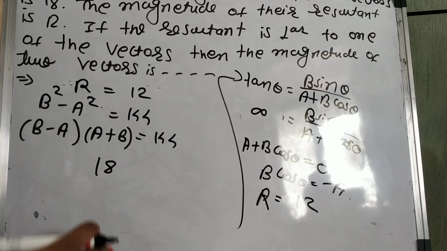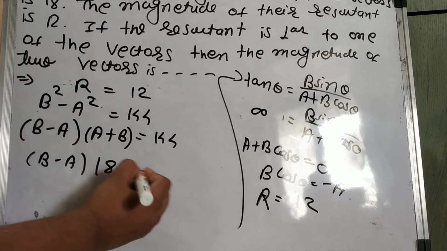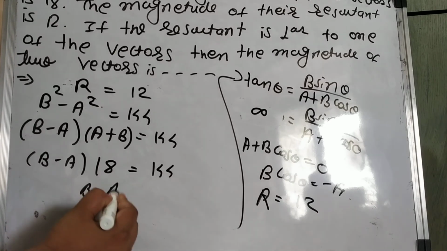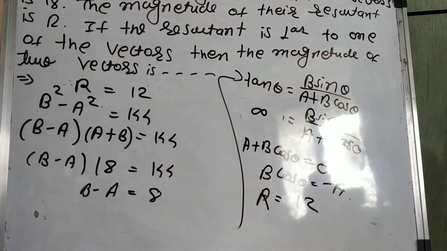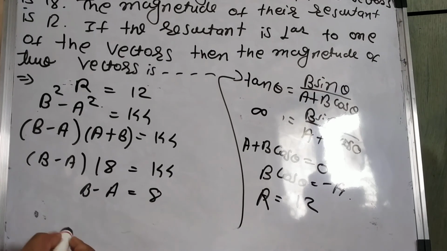18 into B minus A is equal to 144. Therefore B minus A is equal to 8. So B minus A is equal to 8 and B plus A is equal to 18.